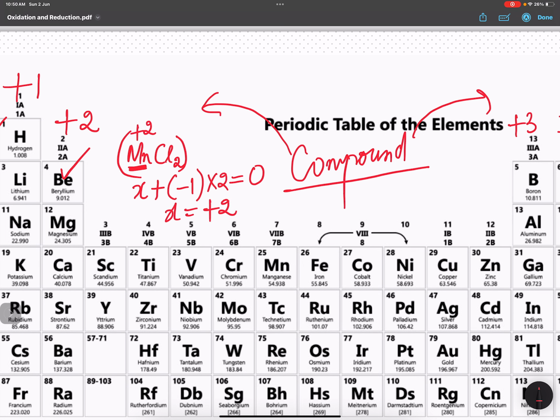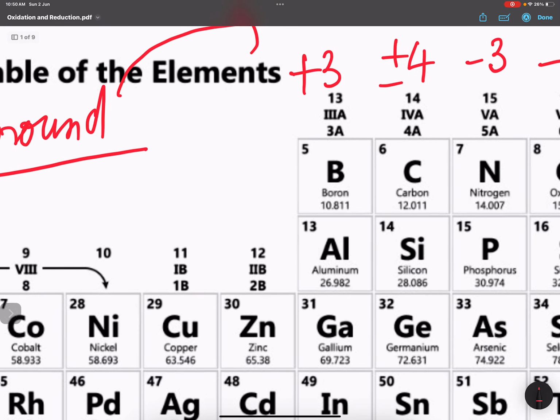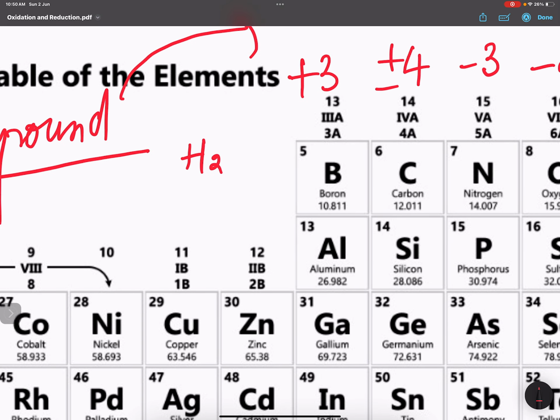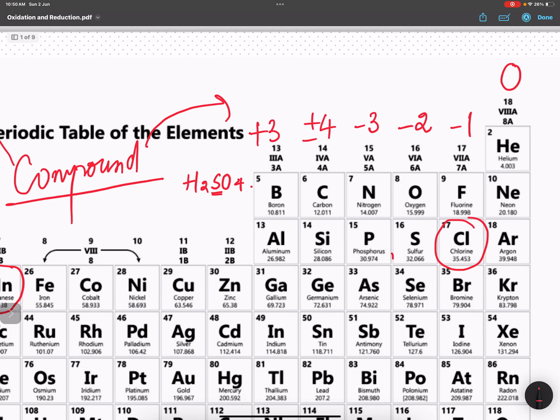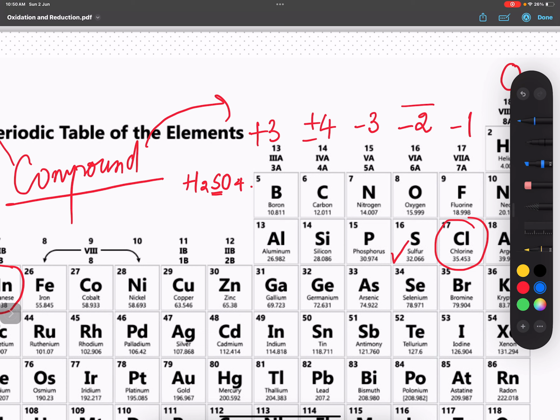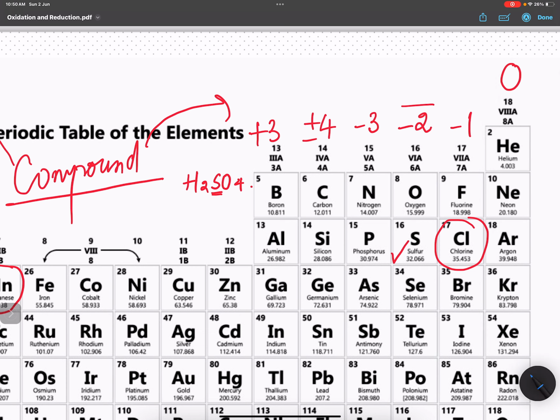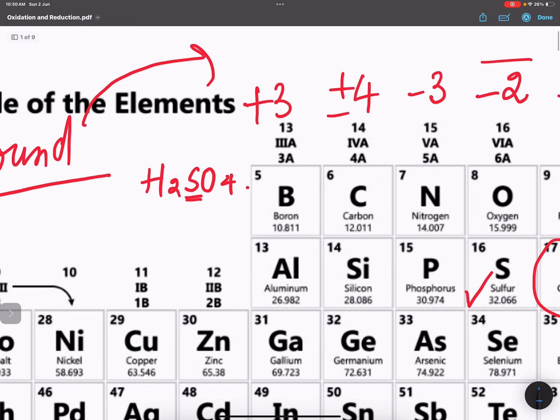Don't think Mn is over here and I can assign the oxidation number. If you are being asked, like you have H2SO4, suppose you have to find the oxidation number of sulfur. Don't assume sulfur is in group 16 and it will have -2. Please don't do that. You are supposed to find the oxidation number, and oxidation numbers change. They are not always fixed.